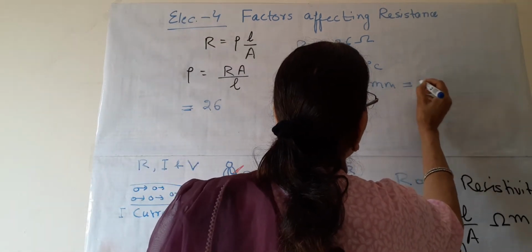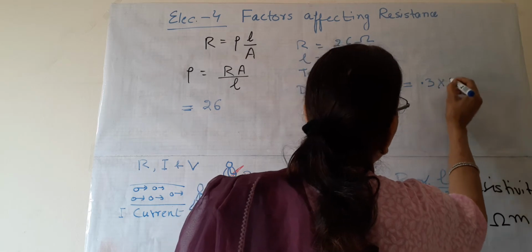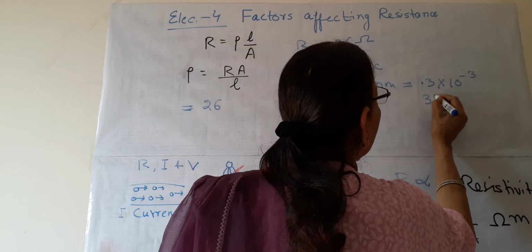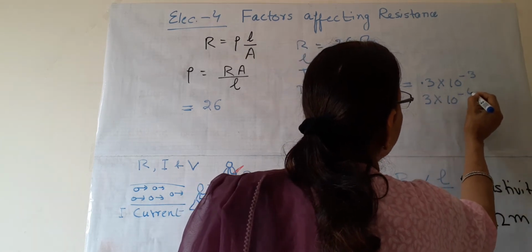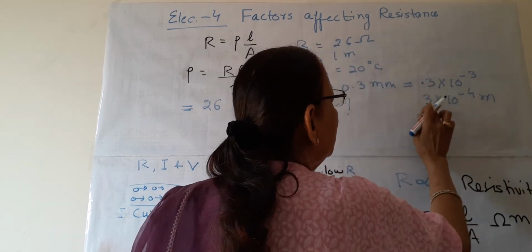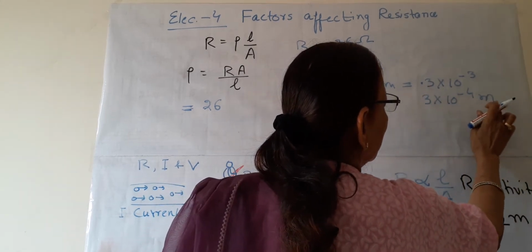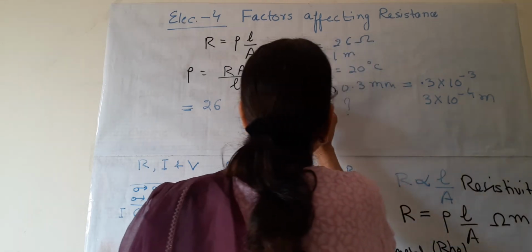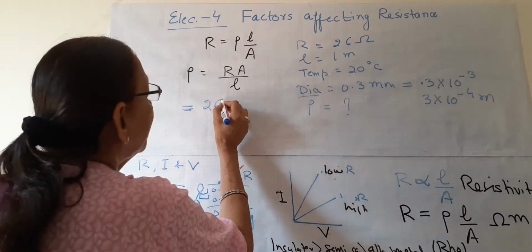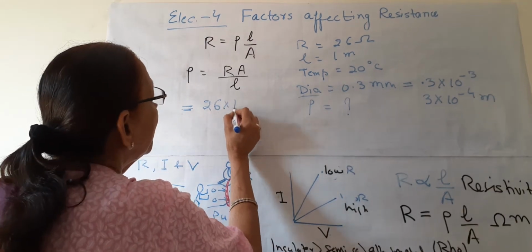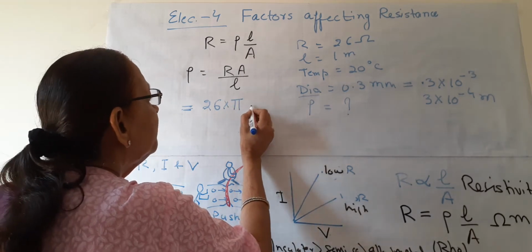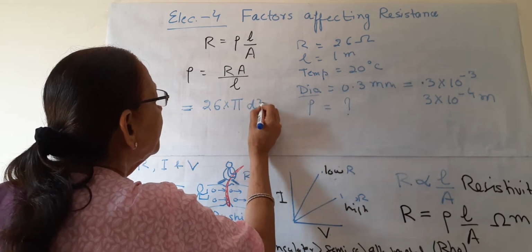It will be 0.3 into 10 to the power minus 3 meter, or we can write 3 into 10 to the power minus 4 meter. This is the diameter, not the radius. So for A we will write pi r square, or pi d square.